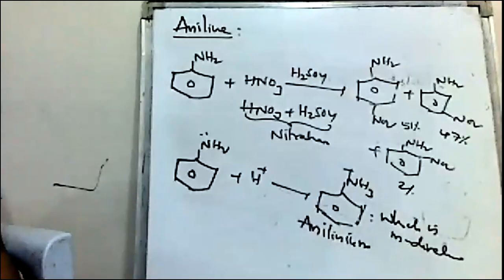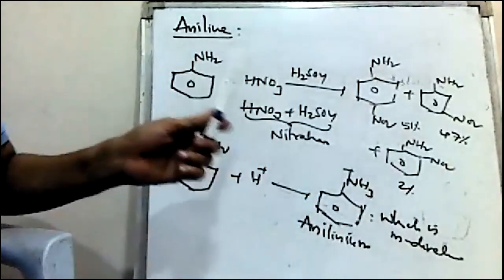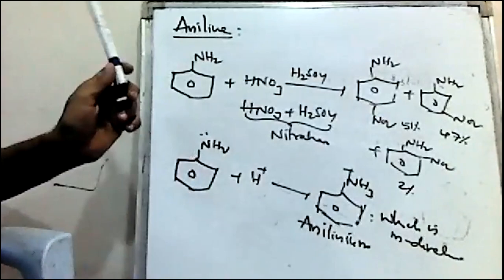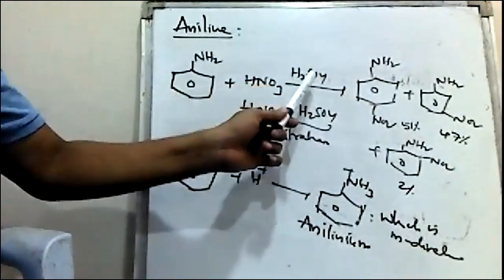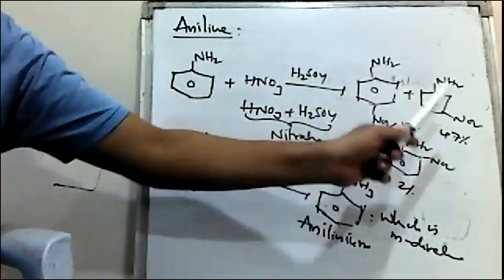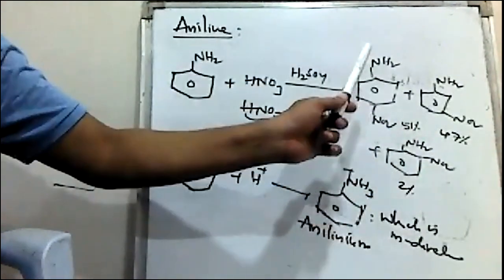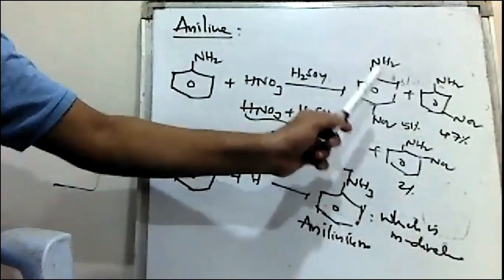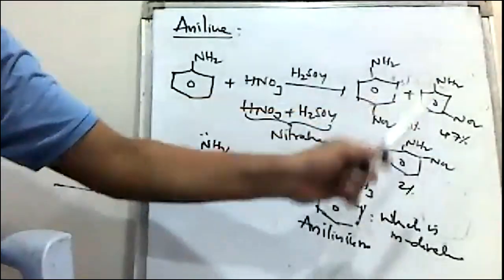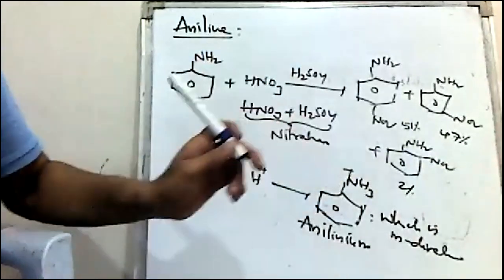So this is one of the electrophilic substitution reactions of aniline. Aniline on reaction with nitration mixture forms a mixture of para, meta, and ortho-nitroanilines. Para-nitroaniline is 51%, 47% of the product is meta-nitro, and only 2% is ortho-nitro.